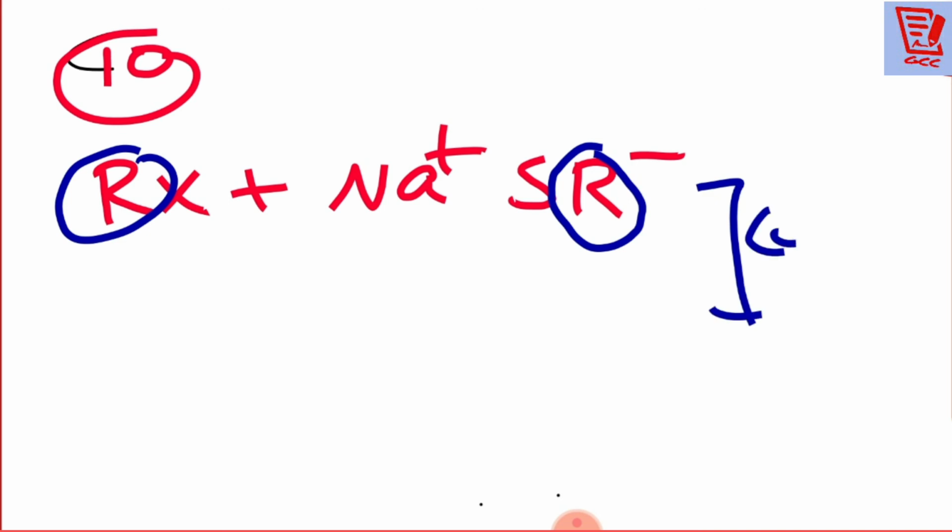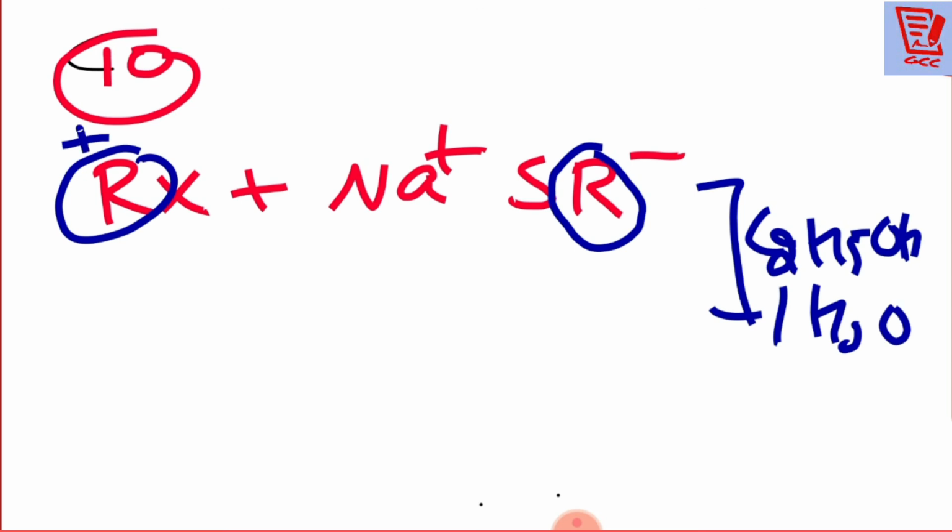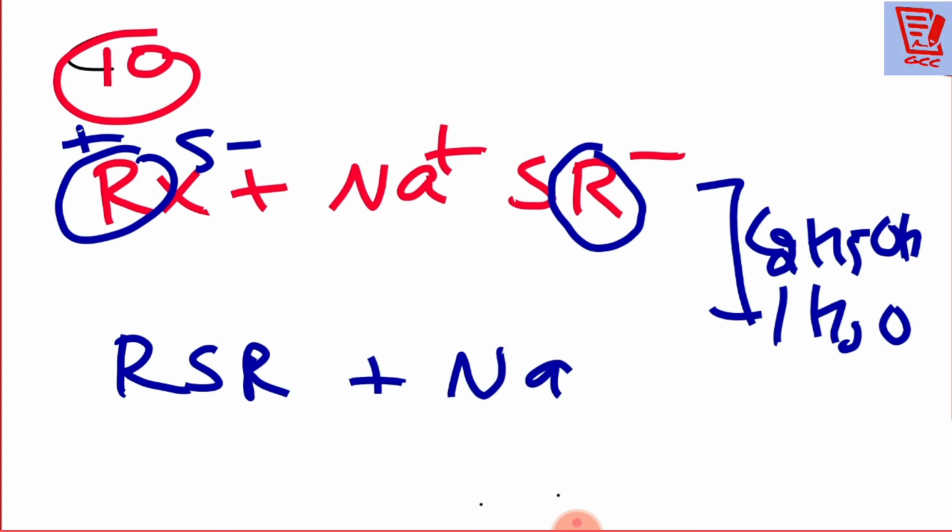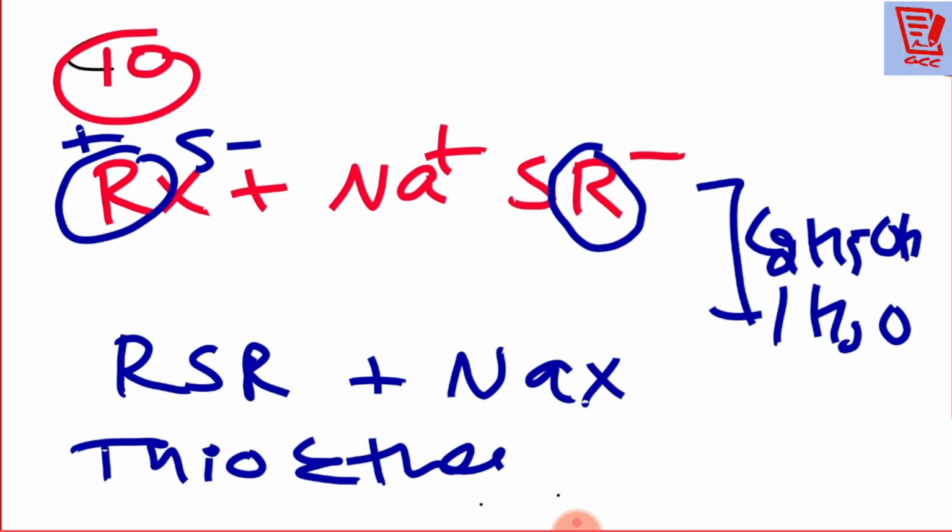Now again, in the presence of alcohol and water, I think it's very clear, R positive, X negative. What will this become? RSR plus NaX. Beta, RSR is known as a thioether. Is that clear to all? Okay.